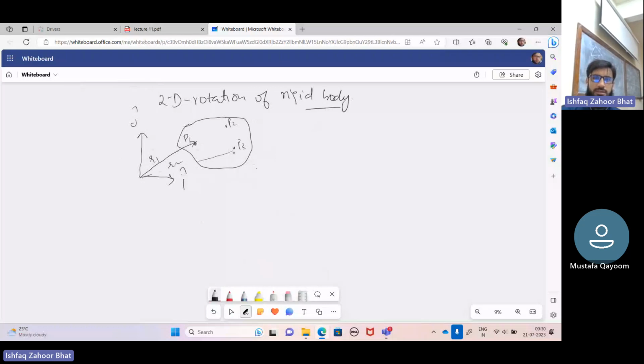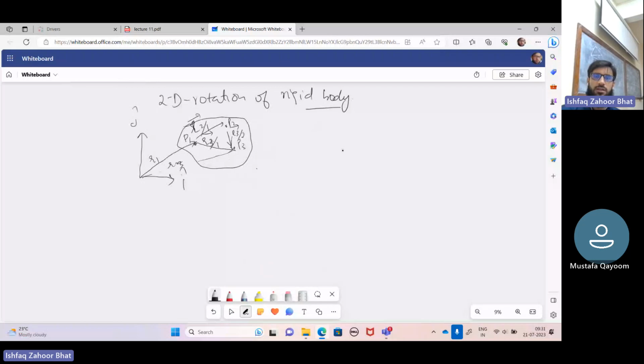Okay, so if this is R2 and this is R1, then this will be equal to R21. Sorry, this is 3. So this is the position vector of 3 with respect to 1. Similarly, this is the position vector of 2 with respect to 1. And this is the position vector of 3 with respect to 2.